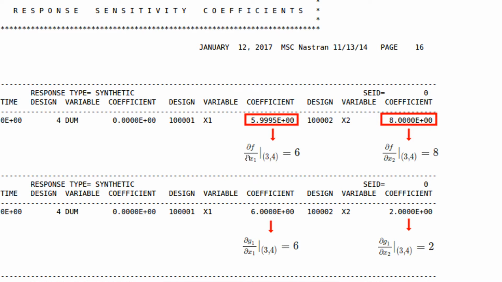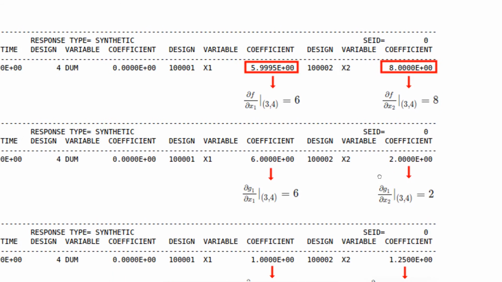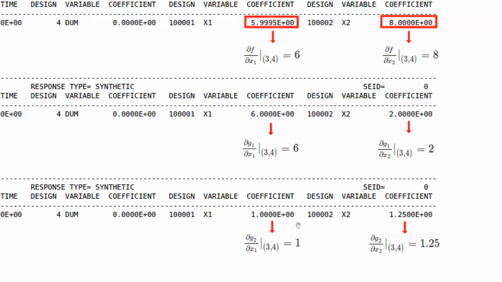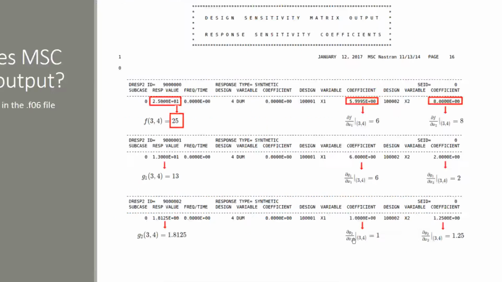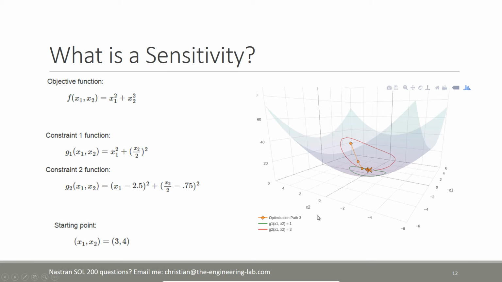Here, the actual partial derivative of f with respect to x1 at (3, 4) is 6. And you can see that the other sensitivity coefficients are given here for f with respect to x2, g1 with respect to x1, g1 with respect to x2, and so on. So that's a glimpse as to what sensitivity is. It's calculating the gradients or partial derivatives at a point.